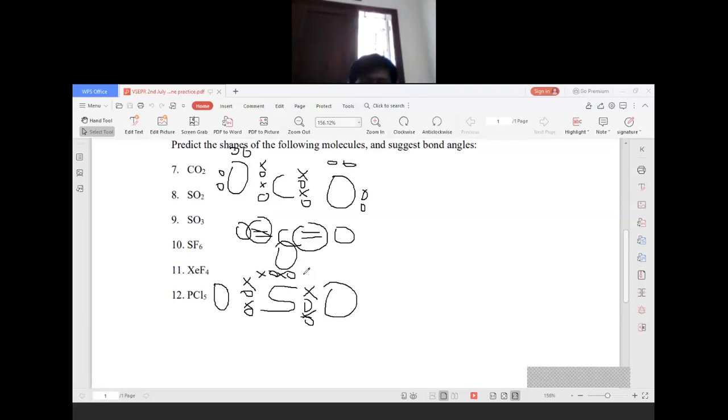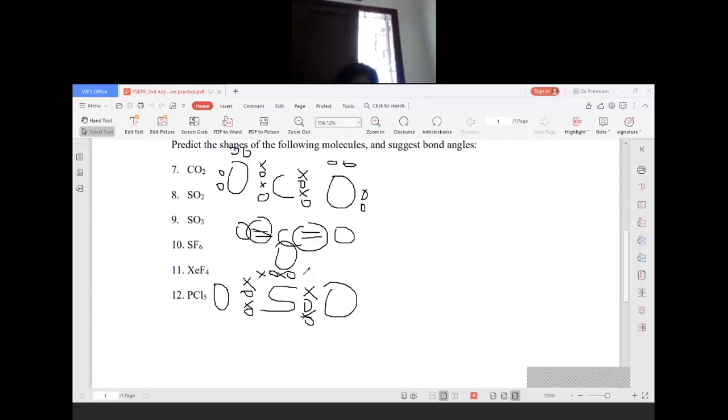So it becomes 4 bond pairs and 2 lone pairs. When it forms 4 bond pairs and 2 lone pairs, it has the shape of square planar.